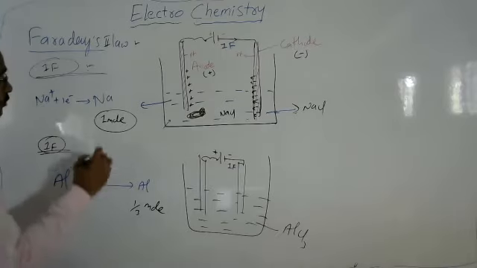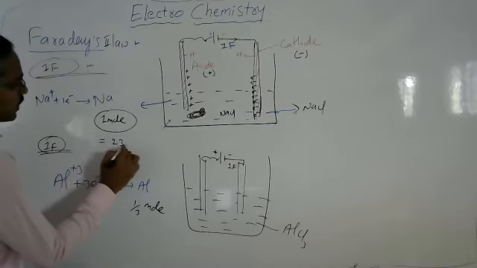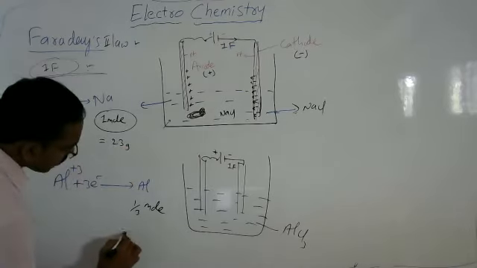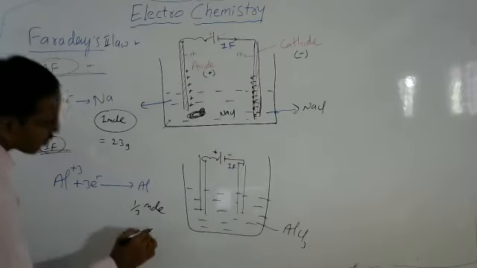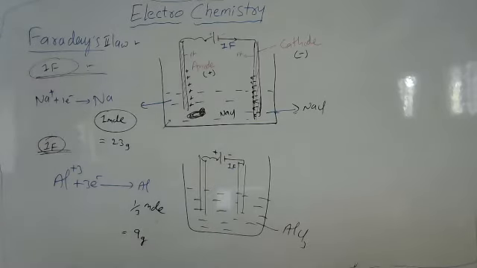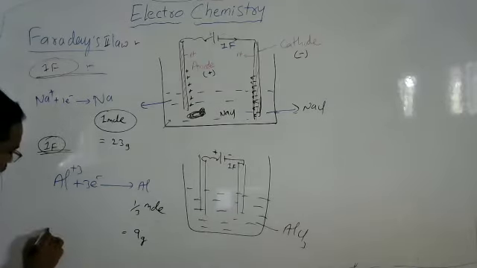So if I write in the mass, what is it? 23 gram. Here it is only 9 grams. 23 gram here, 9 gram here. What is this? 9 gram is equal to the equivalent mass of aluminum.